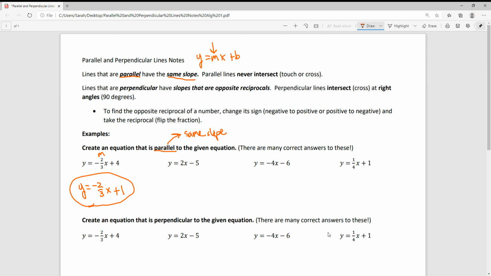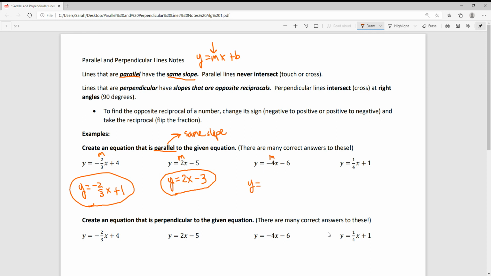We'll do a few more just to get the idea. Next equation, y equals 2x minus 5. My m is 2. So as long as my equation looks like y equals 2x plus or minus something, it'll be parallel. Let's just say minus 3. This would be parallel to the equation we started with. In the next one, my slope is negative 4. So I just need to write another equation with a slope of negative 4.